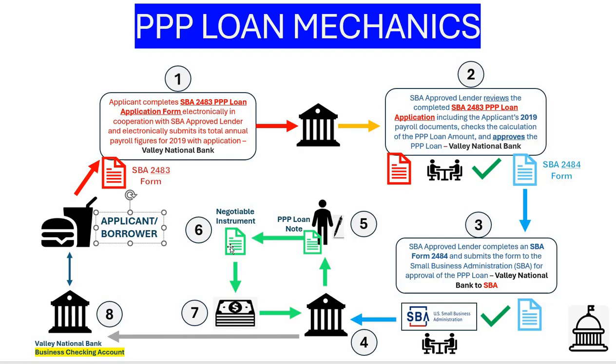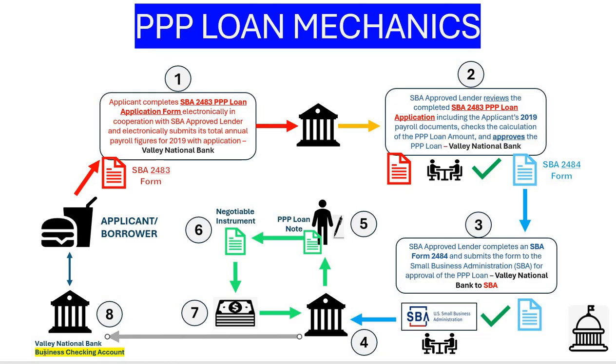So through this process of creating the PPP note, the borrower signing it, making it a negotiable instrument, the bank has received the loan as an asset, and it also has a liability for the same amount, the $400,000. That $400,000, which has just been created through this process, is now transmitted electronically here in step 7 or step 8 by the bank.